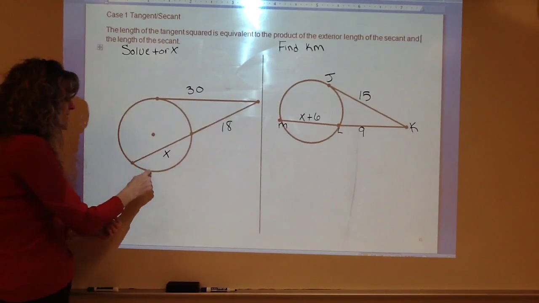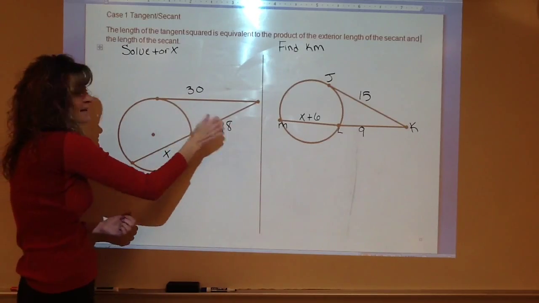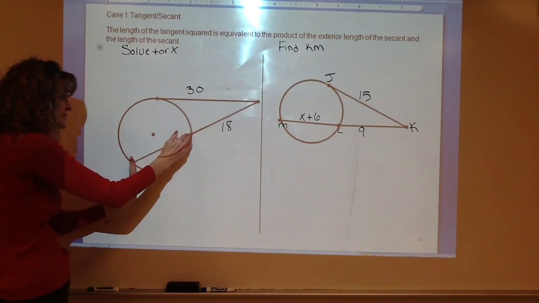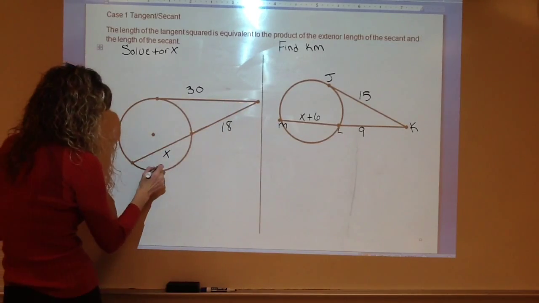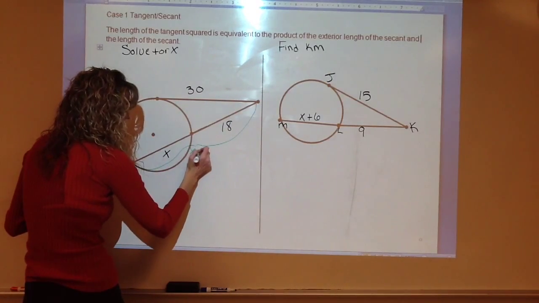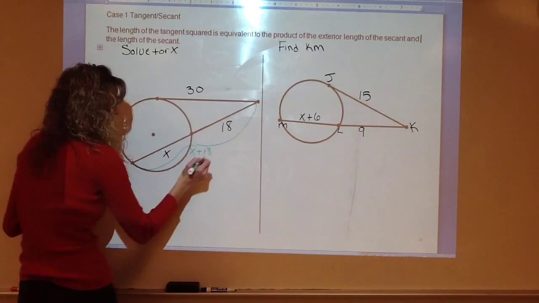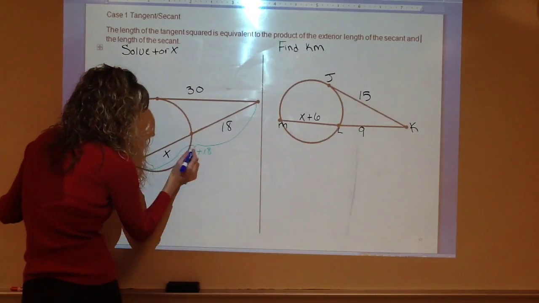So I know this entire distance is x plus 18, because it's this piece plus that piece. So I'm going to write that. I know that is x plus 18. I don't know if you can see that, so we'll do it in blue.